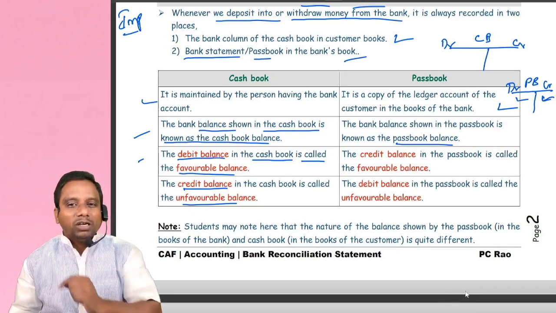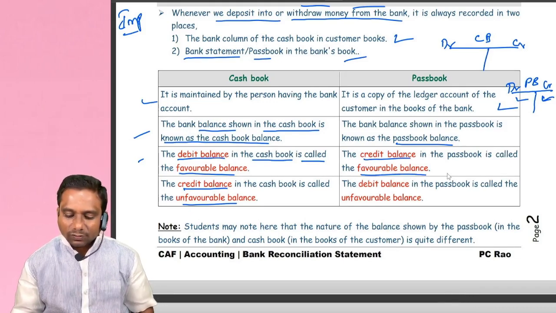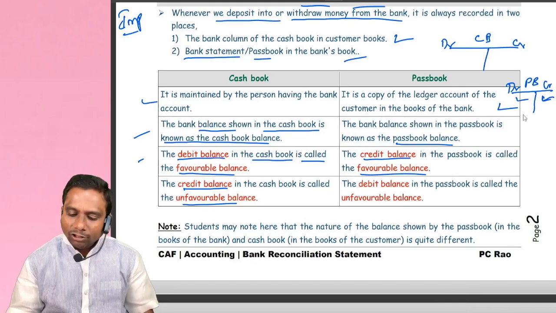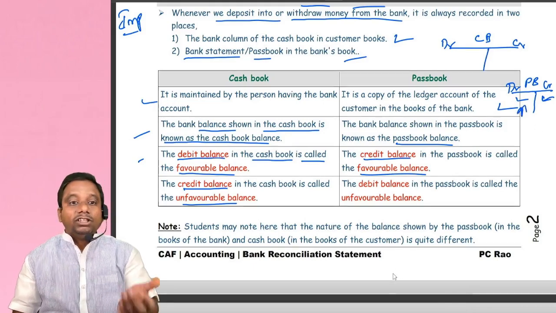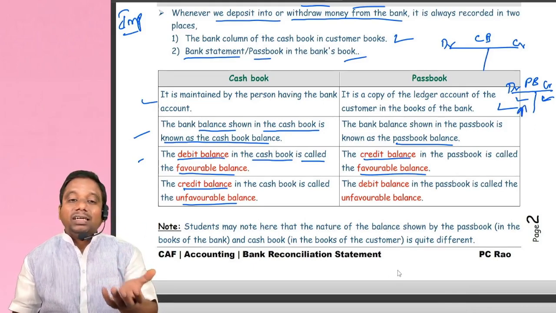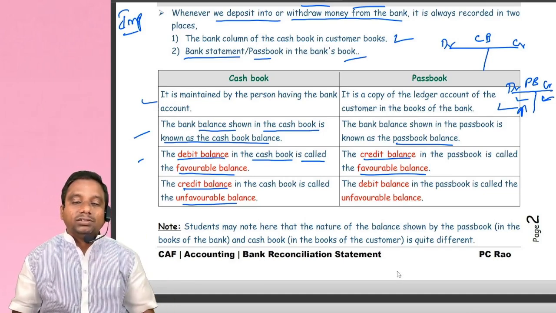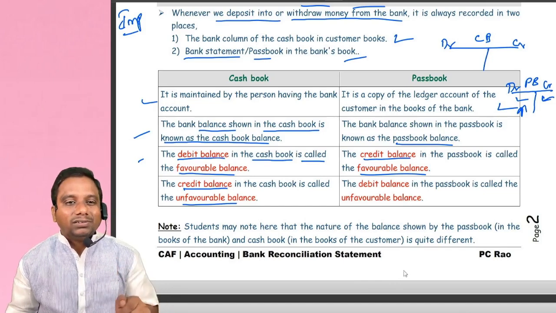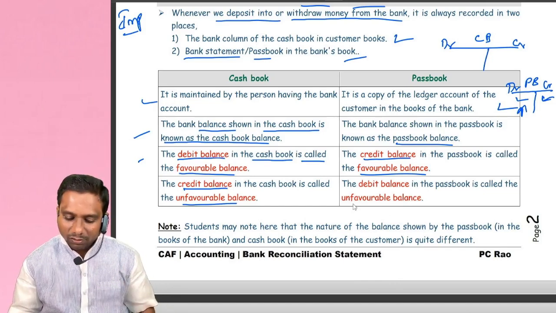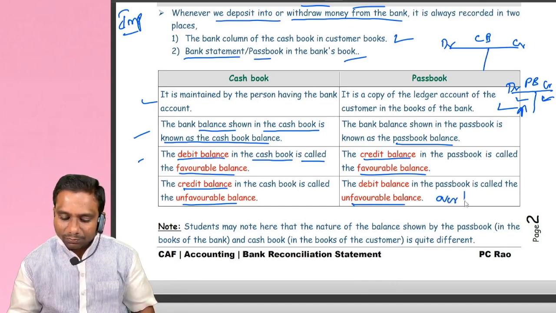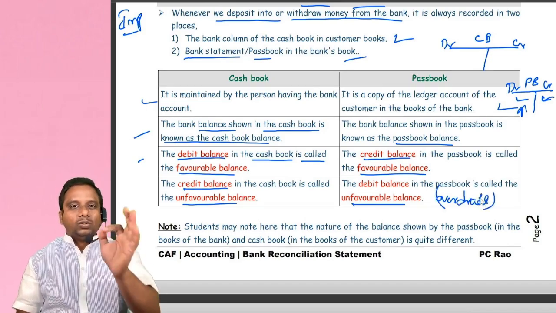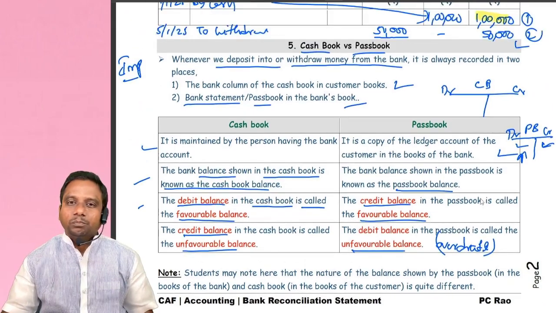So the passbook credit balance is a favorable balance. If withdrawals are more, the debit side is more, meaning withdrawals are more than deposits, then it is a debit balance, meaning unfavorable or overdraft. So try to understand this concept, cash book and passbook.